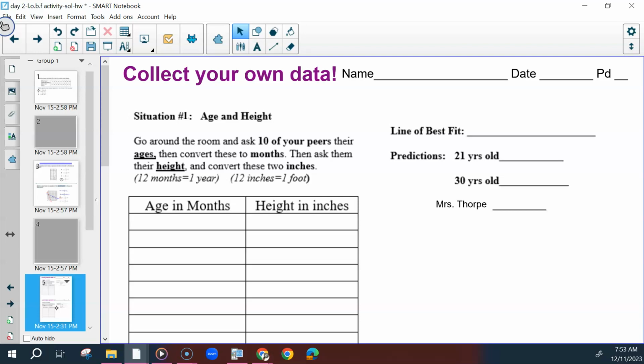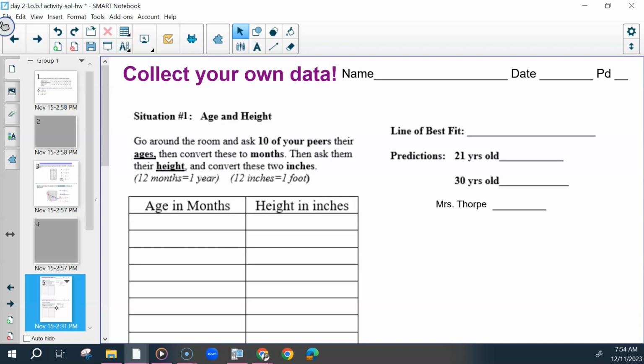After you have all of your data, you're going to find your line of best fit that works for your data. Everyone may be the same, it may not be. Some of you are taller than others. Some of you may or may not be the same age. Then you're going to predict how tall is someone that's 21 years old, 30 years old, and how tall you think I am based on the age you think I am. So that's a variable. I'm not going to tell you.